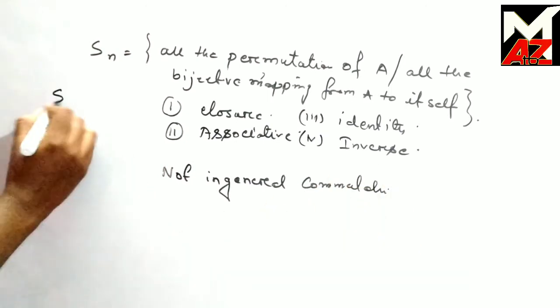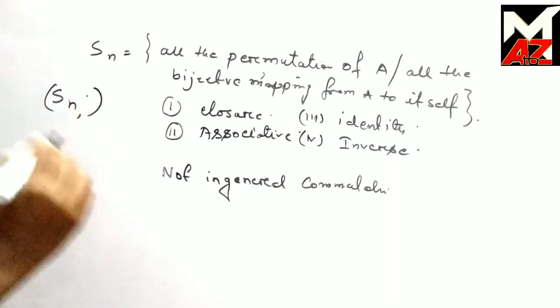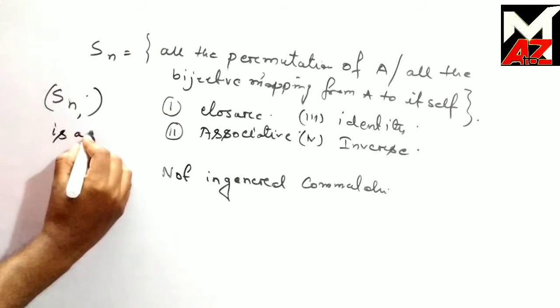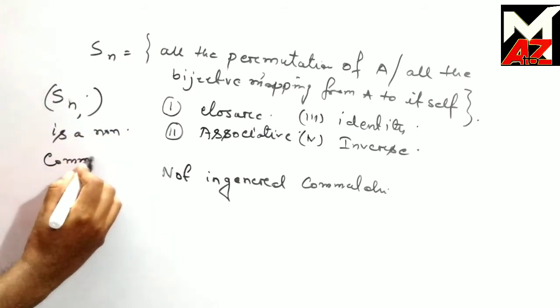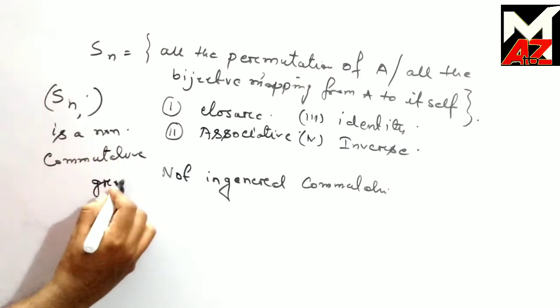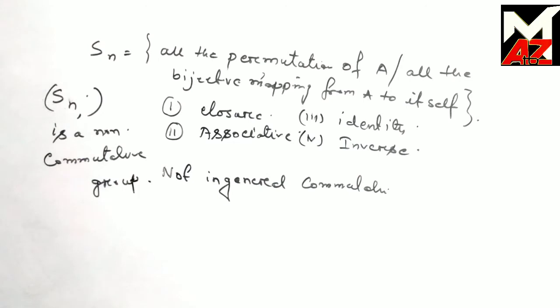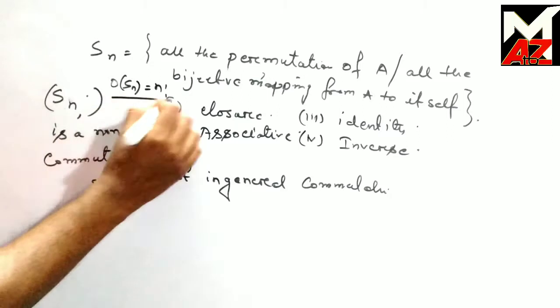So we say that Sn is a non-commutative group with respect to multiplication of permutations. And the order of this group, the order of Sn, is equal to n factorial.